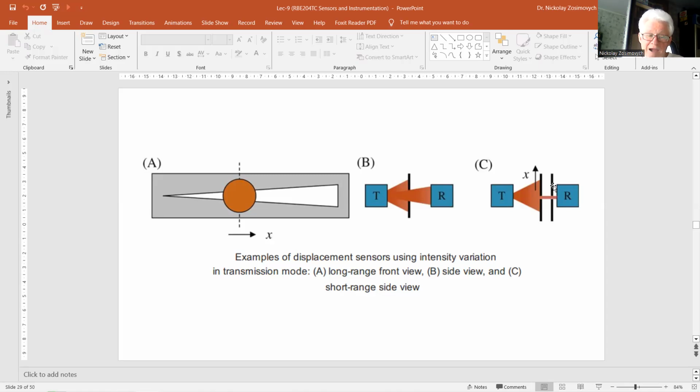The principle is also suitable for measuring very small movements, like sub-millimeter. High sensitivity but small range is obtained by a configuration with a narrow slot in the moving mass and a fixed slot in front of the receiver, as you can see in figure C.